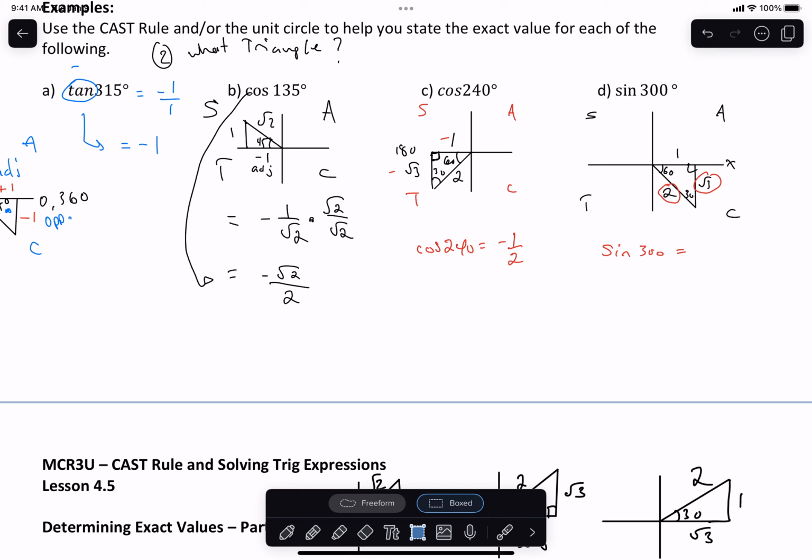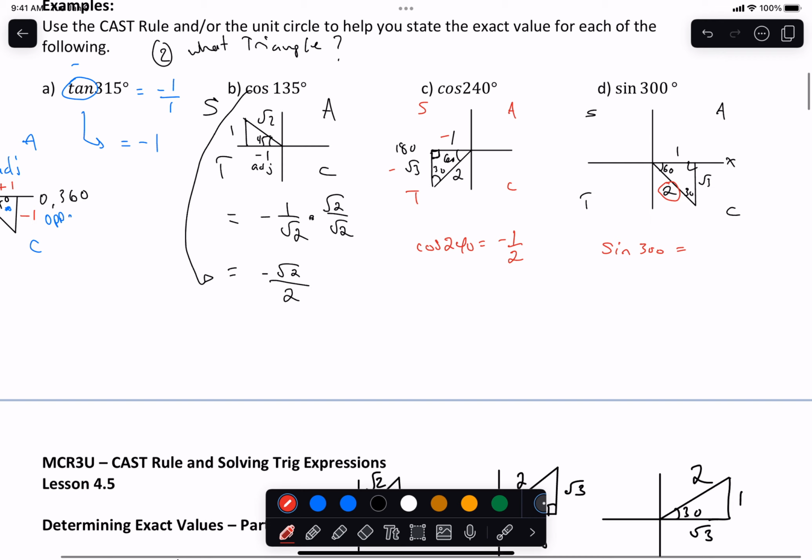But this is pretty typical. Even though I forgot to put on the negative for the y component, I still knew that my answer was going to come out negative because I'm in the cosine quadrant, where cosine would be the only one that would be positive. And so the sine of 300 has to be negative root 3 over 2.